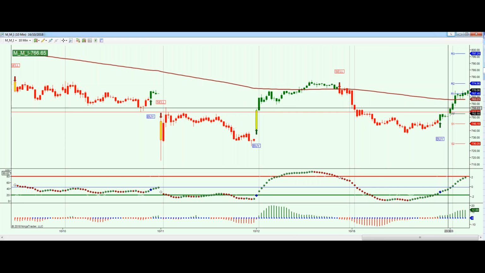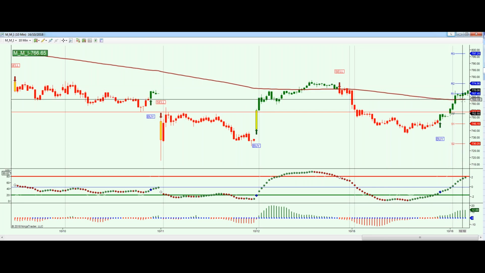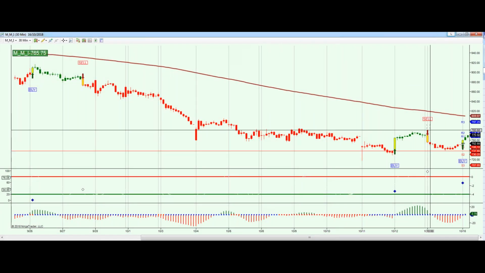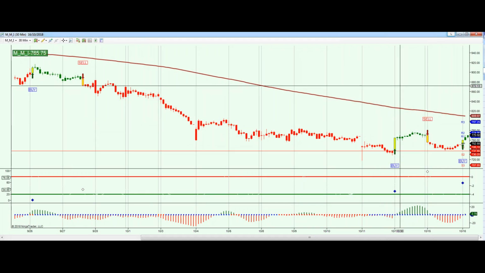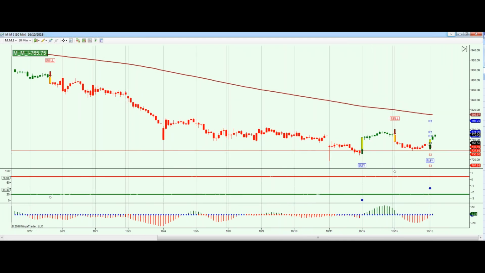It has already broken this resistance, so you can keep trailing your stop loss till it reaches 774 and 779. That will be a very good trade for today. M&M is already up by around 2.7%.